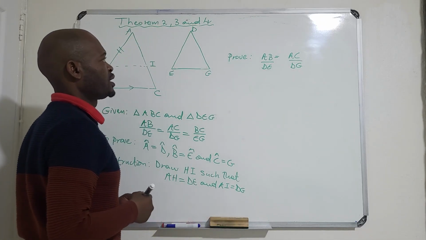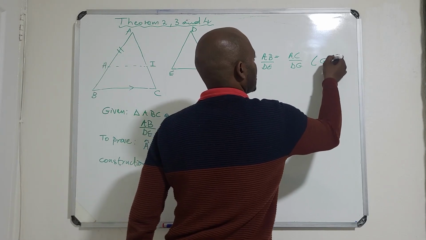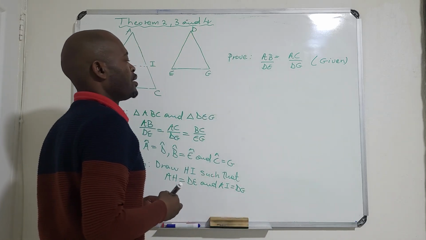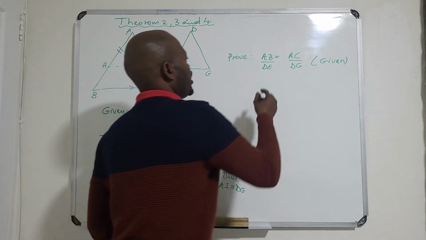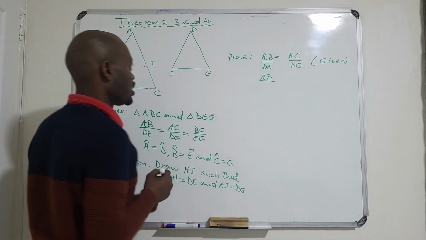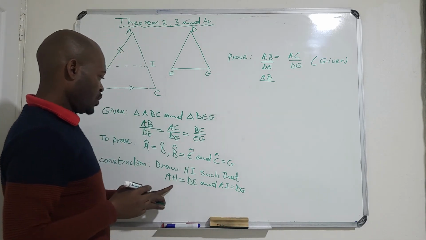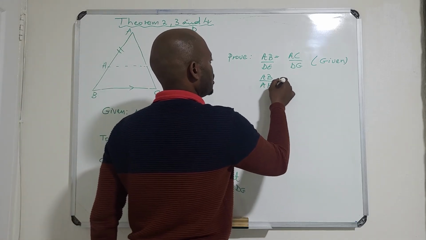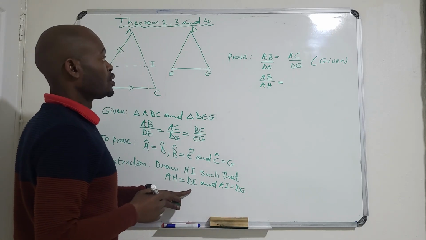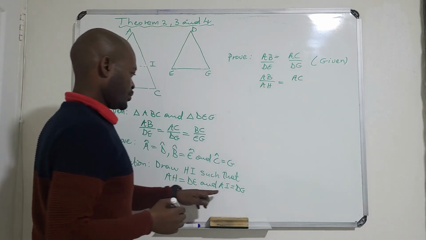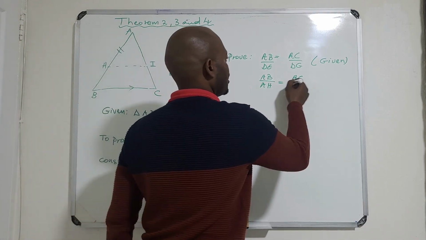Reason: given. Now, we know that AB over DE, we know DE is AH, which is equal to, we know our DG is AI.